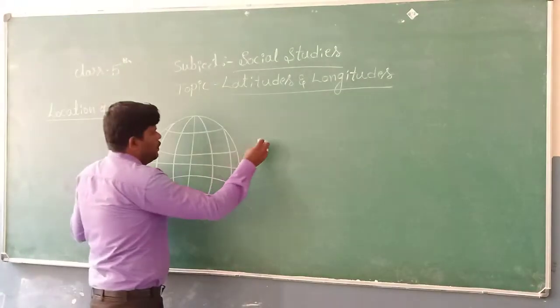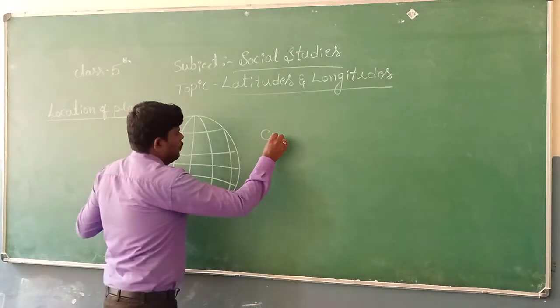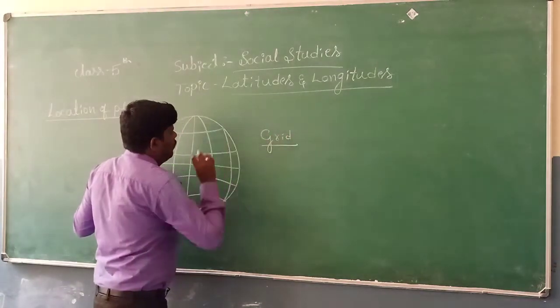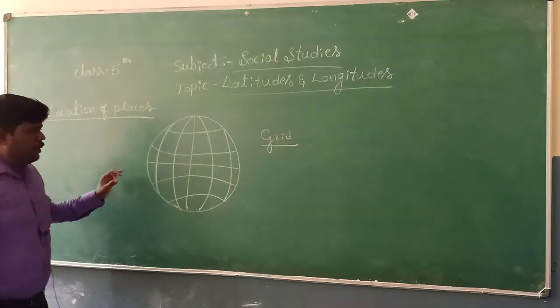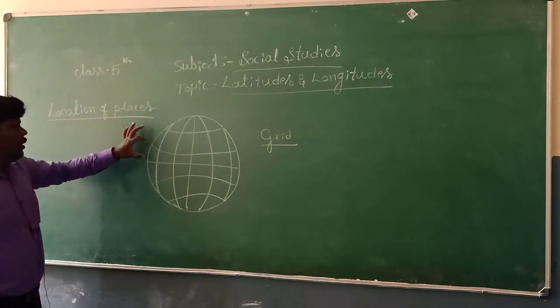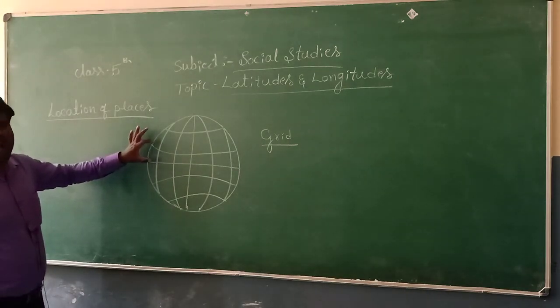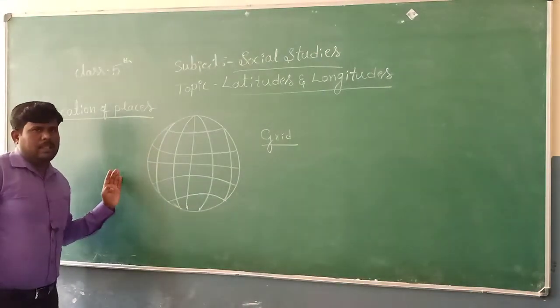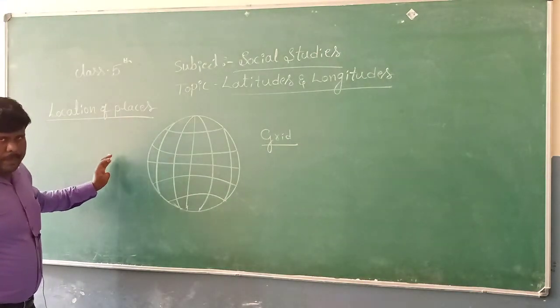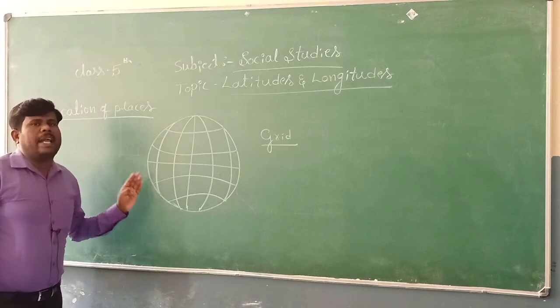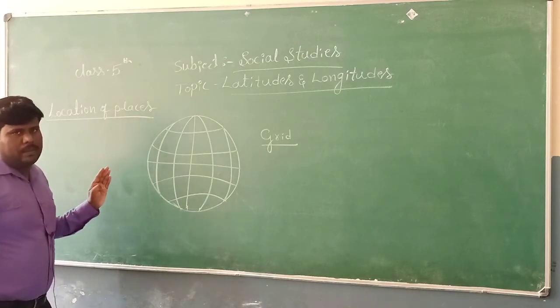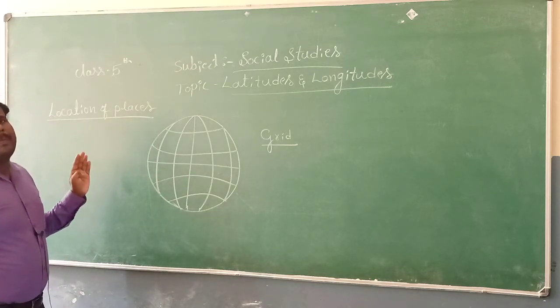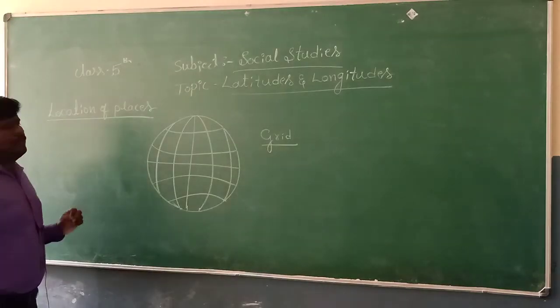It is a grid system. What is a grid system? Latitudes and longitudes intersecting each other at right angles is known as the grid system.